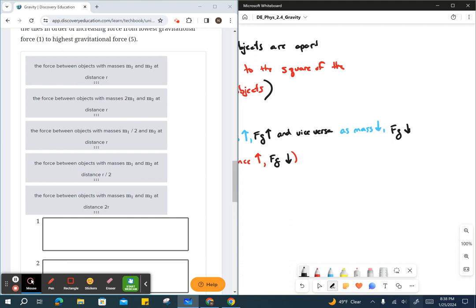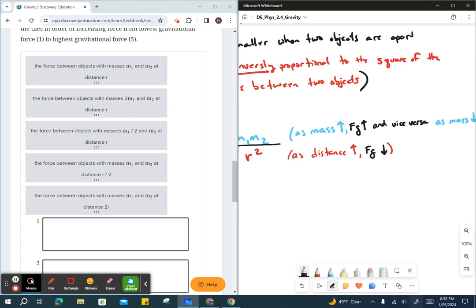So that's why we say that this is directly proportional, the top ones, and the stuff in the denominator is inversely related.